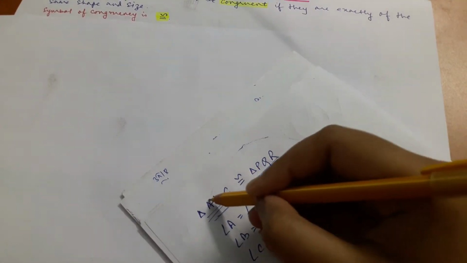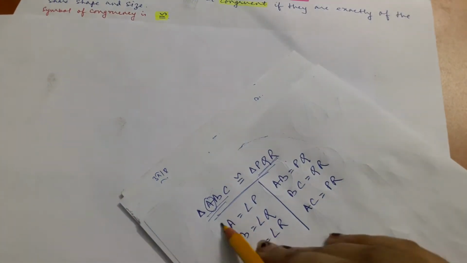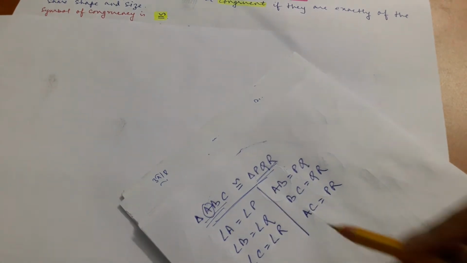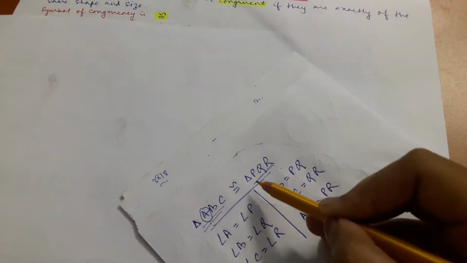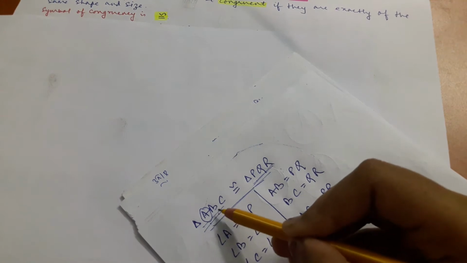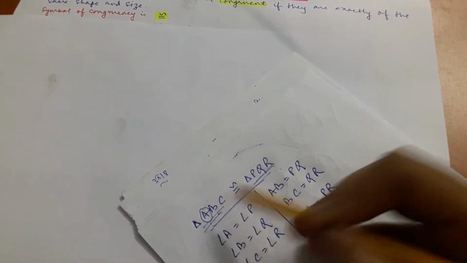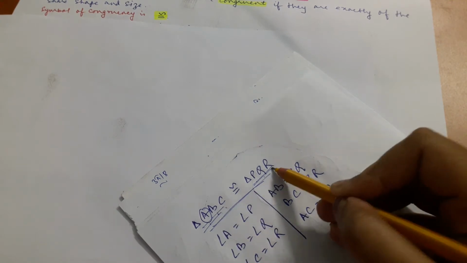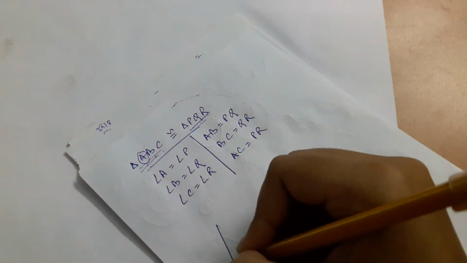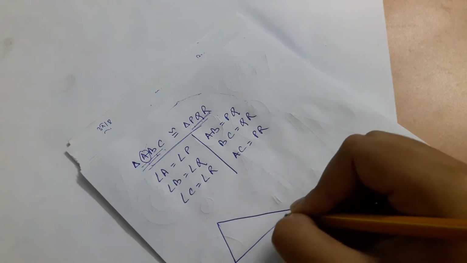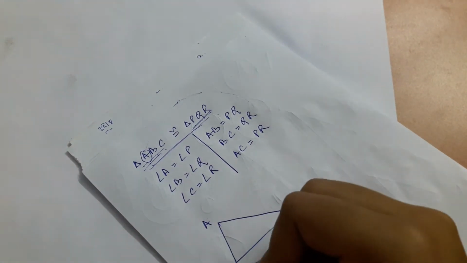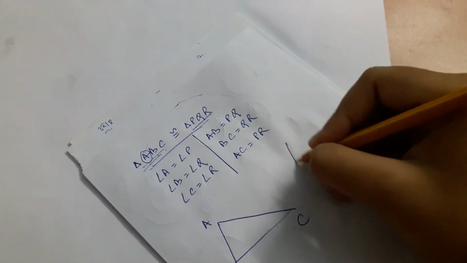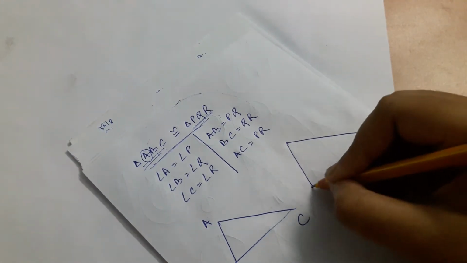It means that when I superimpose these two triangles ABC and PQR, A will be superimposed on P, the vertex B will be superimposed on the vertex Q, and the vertex C will be superimposed on vertex R. So basically, if this is triangle ABC, then triangle PQR will be exactly this.